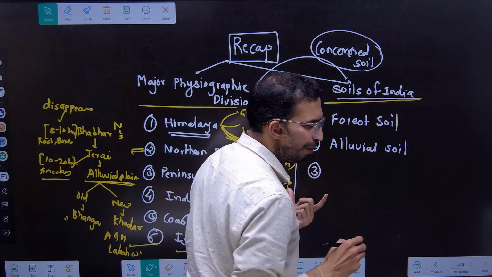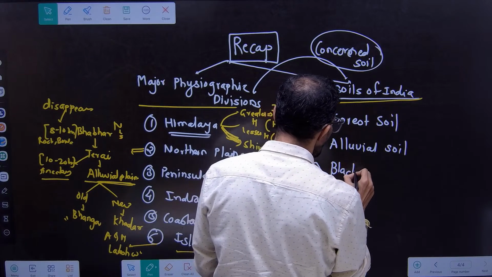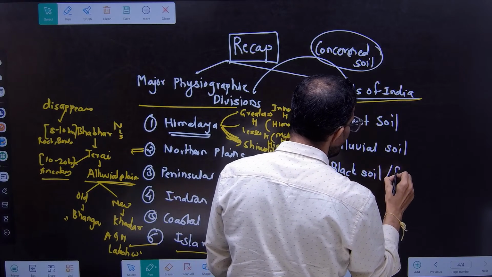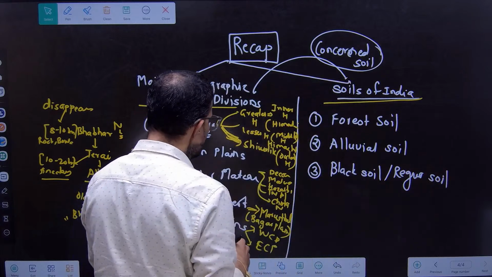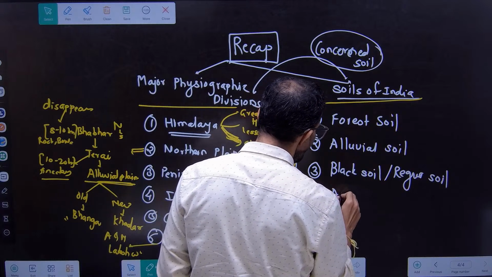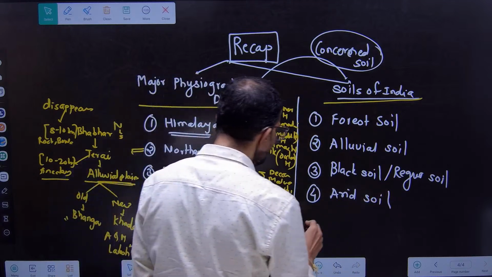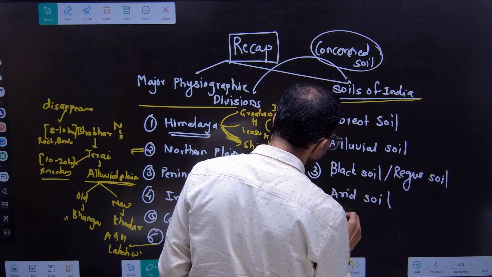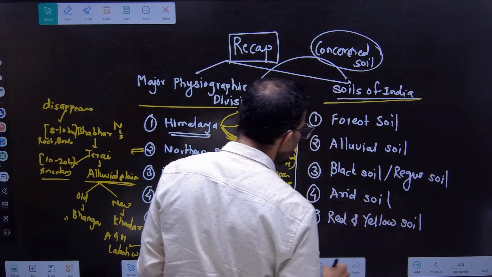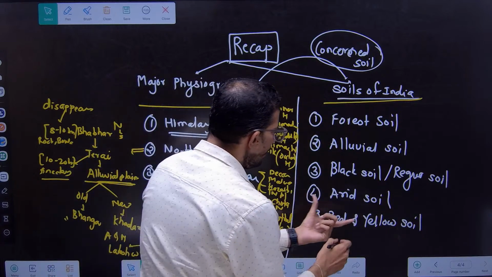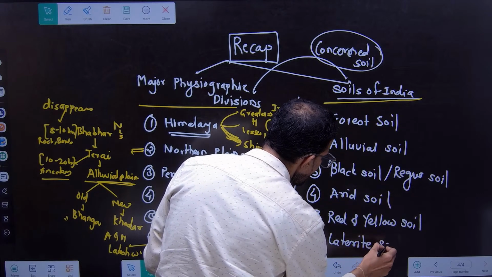Consider the example of the Deccan plateau, made up of basalt or lava rock, so it is known as the black soil or the regur soil. Then with respect to the Indian desert, we can say the arid soil. Then with respect to the coastal plains, red and yellow soil, along with the laterite soil.